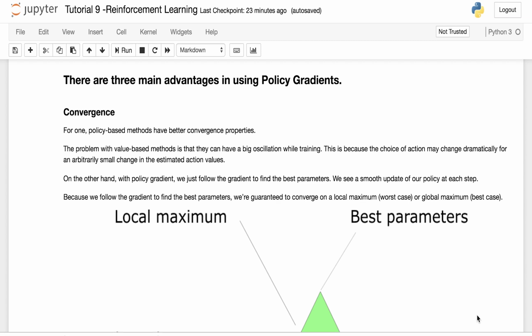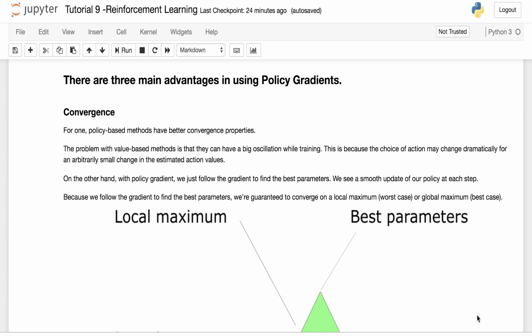On the other hand, with policy gradient, we just follow the gradient to find the best parameters, because we are working on optimizing and getting the best policy. When we're searching directly for the best policy, we can use optimization to reach it.